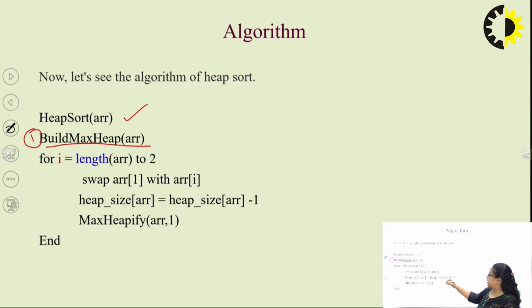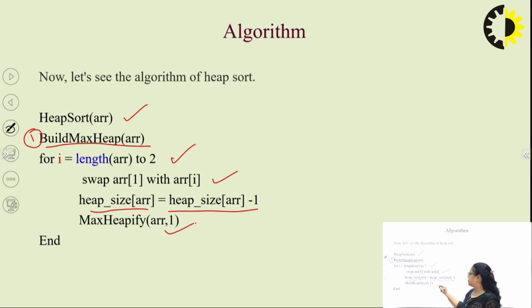Then after that we go from the length of the array down to 2. We calculate i from the length of the array till the second element, and in this case we have to swap the first element with the ith element, right? The heap size is reduced by 1, and then after that we have to call max heapify.